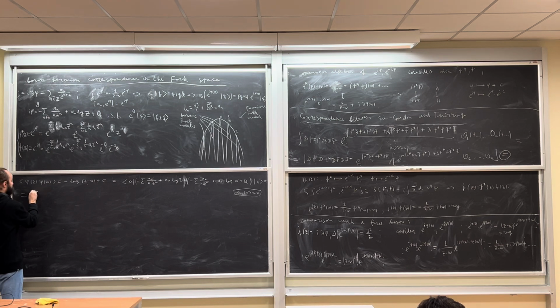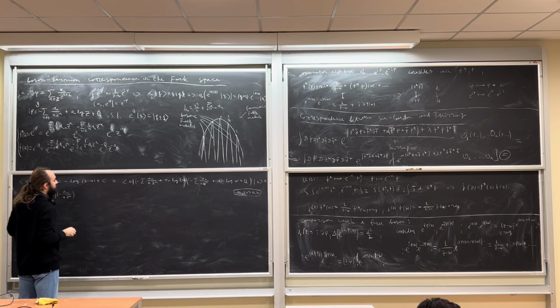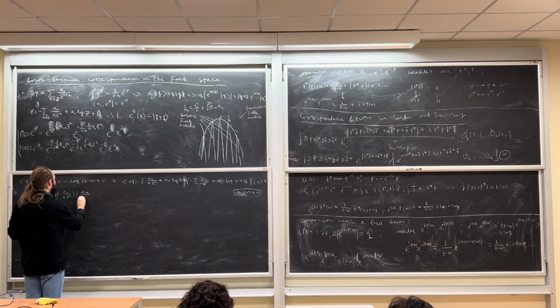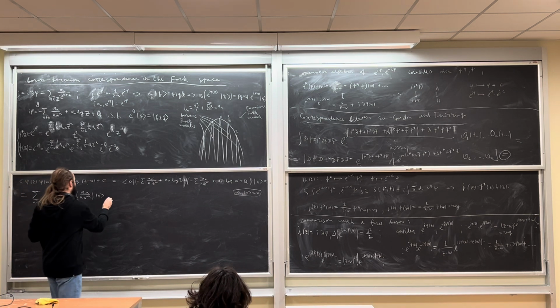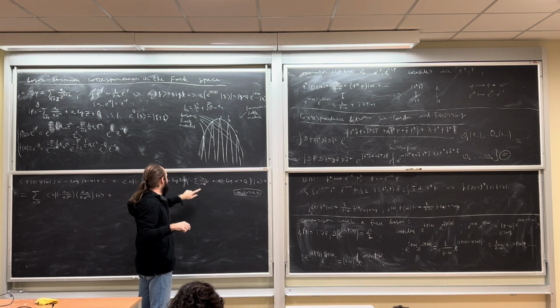So it is the sum over n greater than 0 of An over n zn minus A minus n over n w minus n, from this term. Plus, when we have A0 squared, it acts on this vacuum by 0.